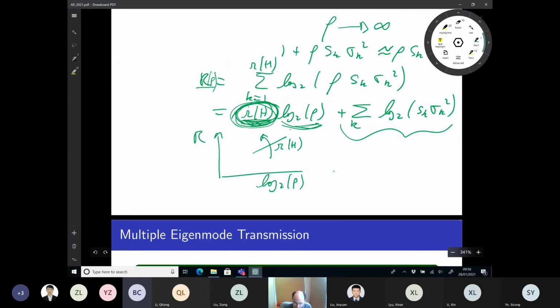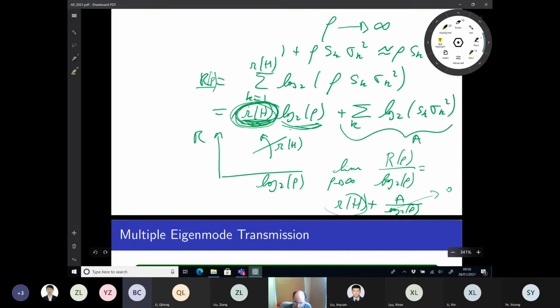If I look at the limit when rho goes to infinity of rate(rho) divided by log 2 rho, I'm going to have the rank of H plus a quantity that I may call A, divided by log 2 rho. A is a constant independent of rho here, so this will go towards 0.